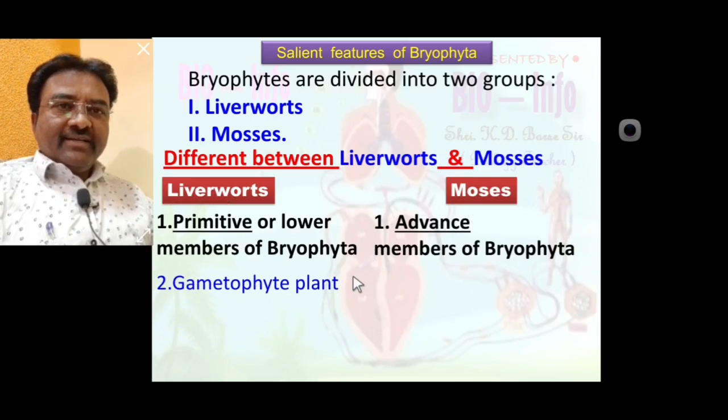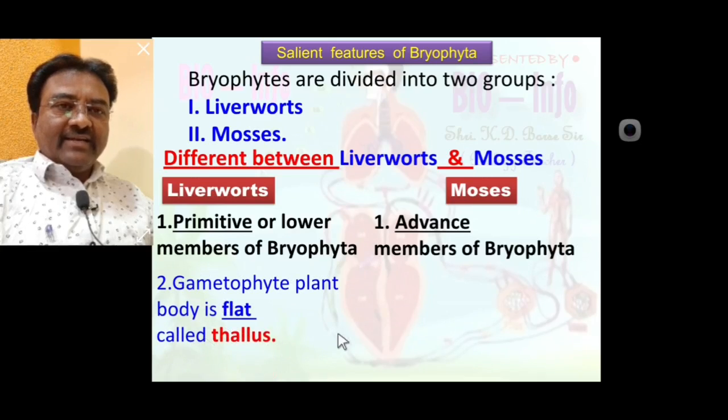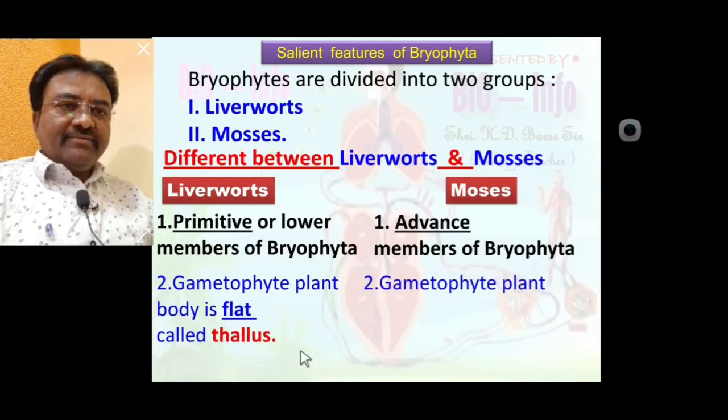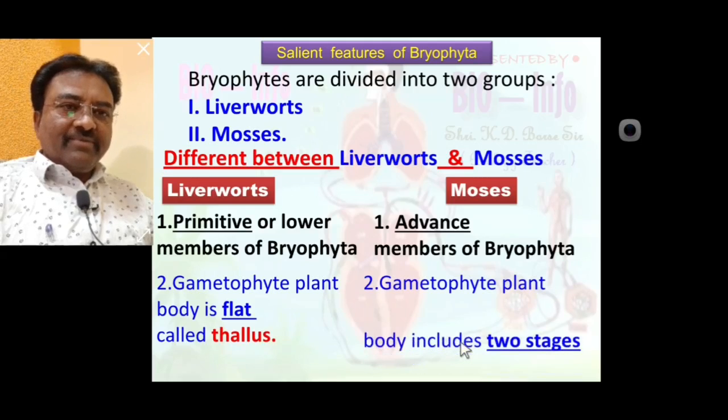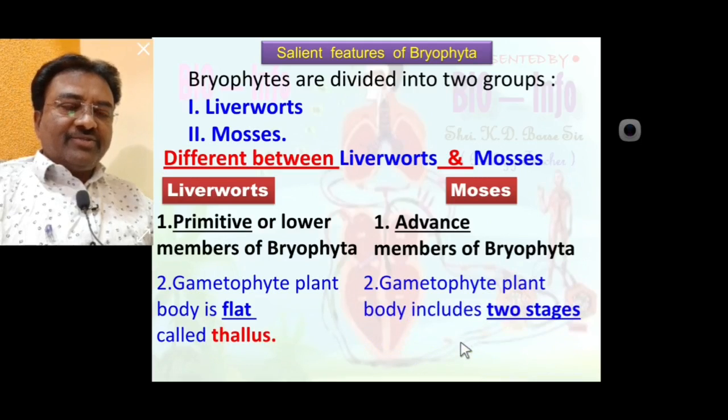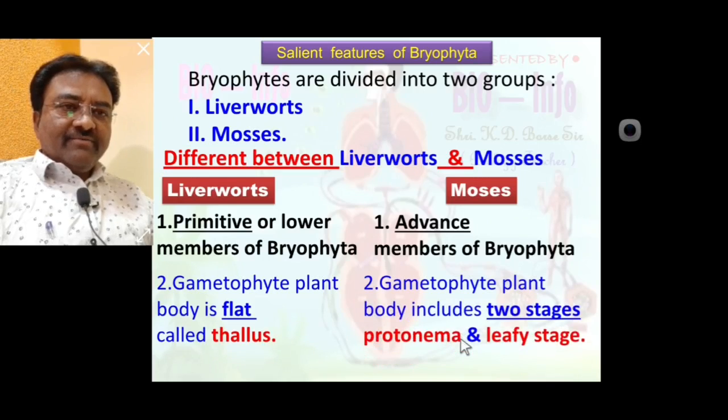Second, the liverwort gametophytic plant body is flat, called a thallus, while the moss gametophytic plant body includes 2 stages, protonema and leafy stage.